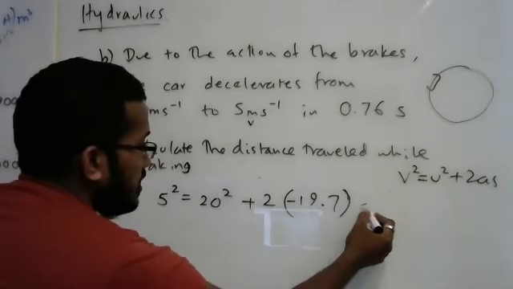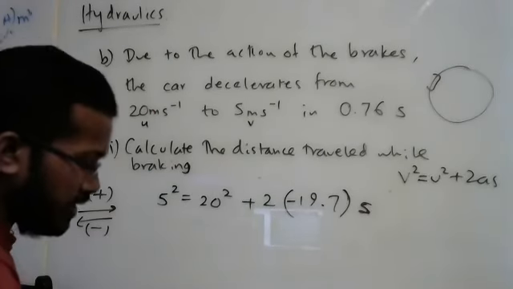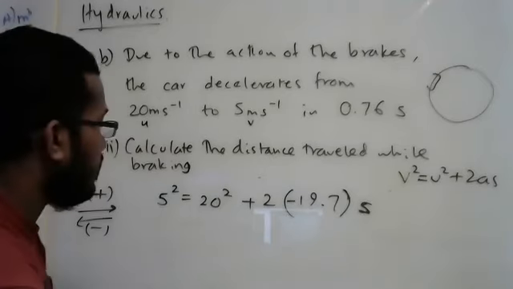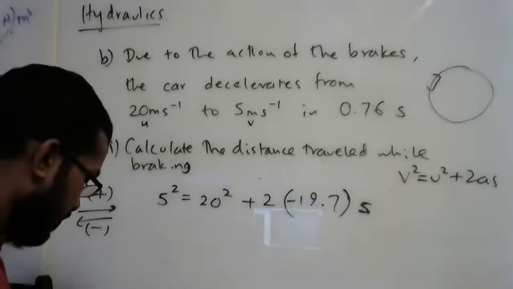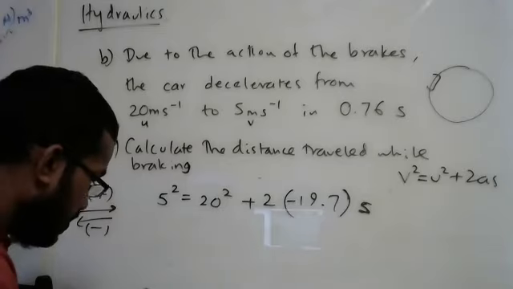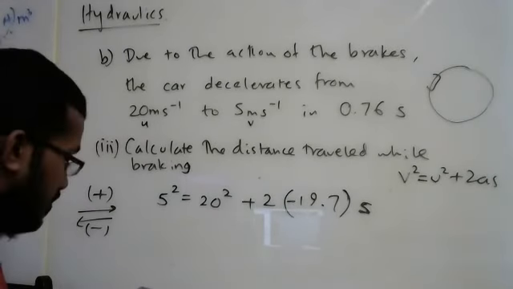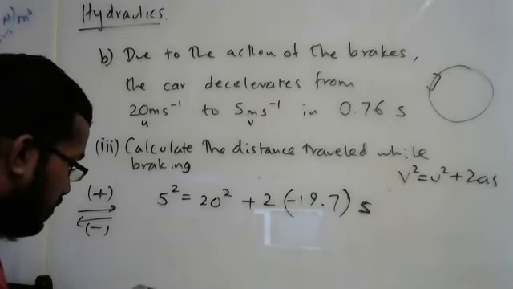S is the displacement. Let's go ahead and do that. That's 20 square minus 5 square over 2 into 19.7.